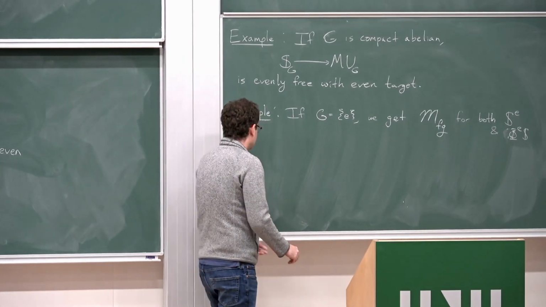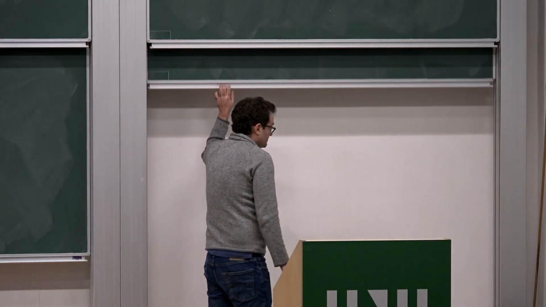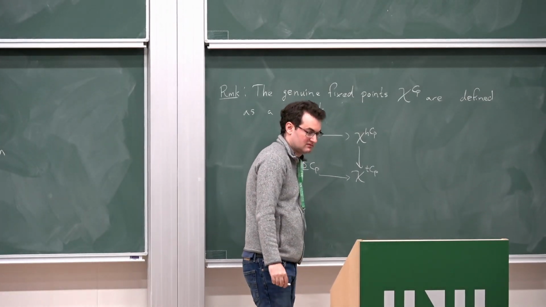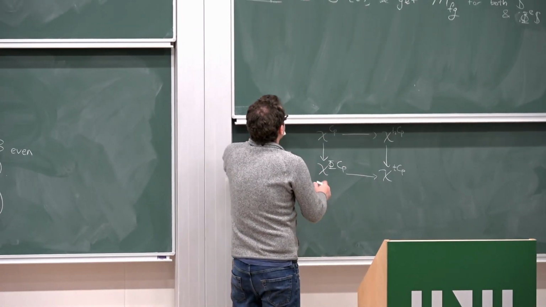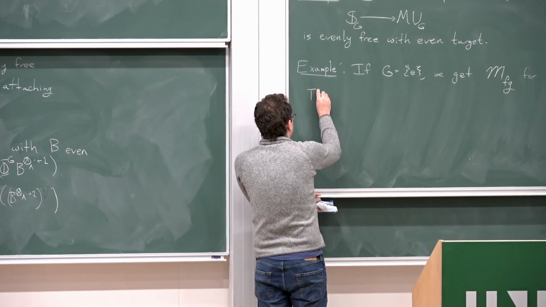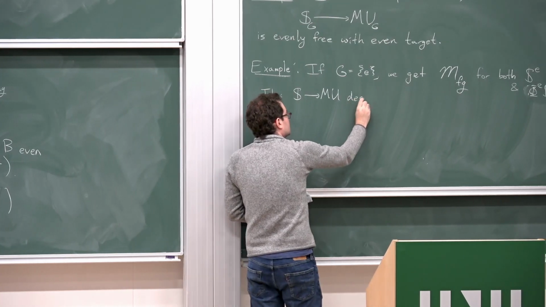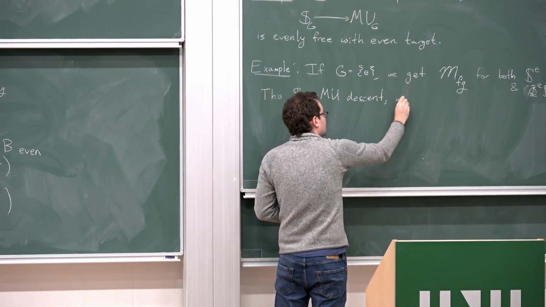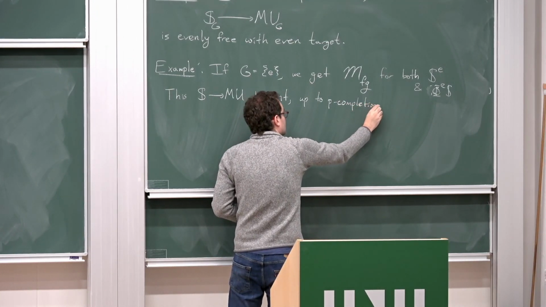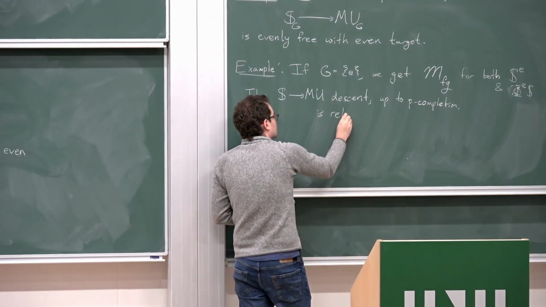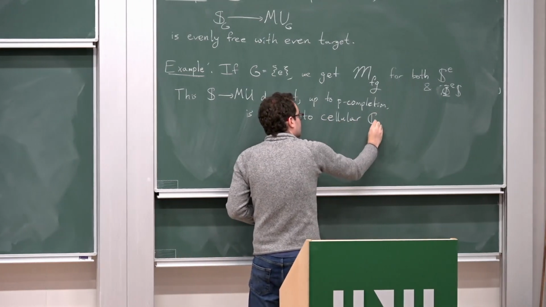What about a more interesting example? Well, maybe before I go to the more interesting example, I should just remark that this S to MU descent that we get, up to p-completion, is related to cellular C-motivic spectra.